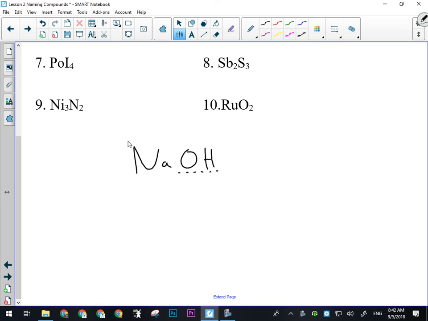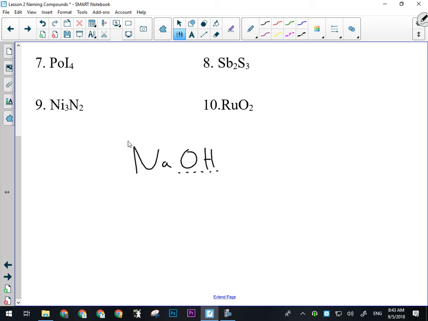Anytime you have a compound that contains a polyatomic ion, it is by default what kind of compound? If it has a polyatomic ion in it, it is ionic. Okay, it has to be. So it will almost always start with a metal, and by almost always I mean 99.9% of the time.